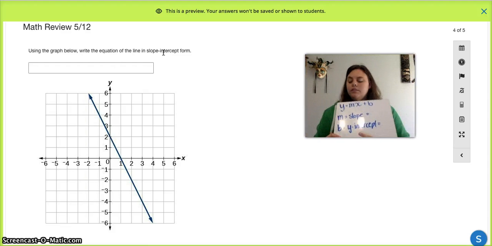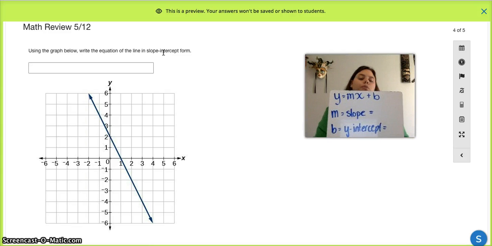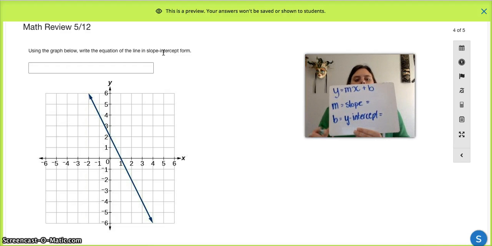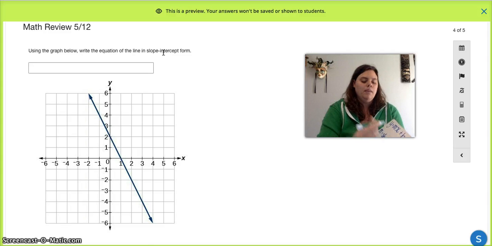For this problem, we need to figure out what is our slope and what is our y-intercept. If you notice, this is the same graph as number 1, which we already found the slope for. So the slope is going to be -2.